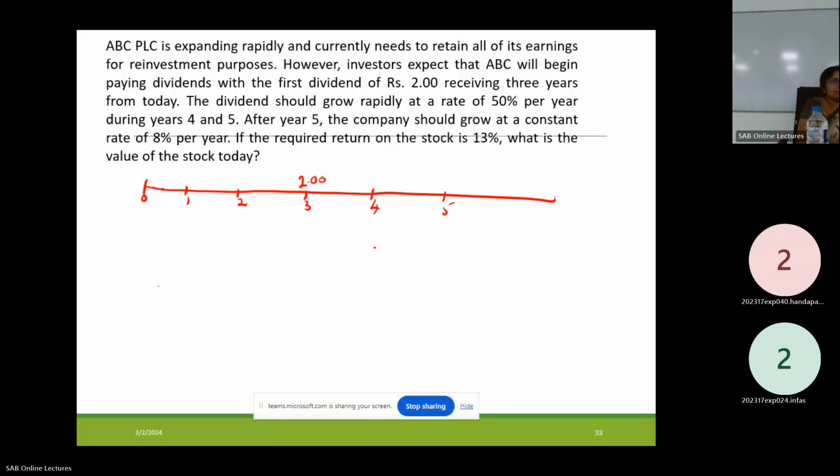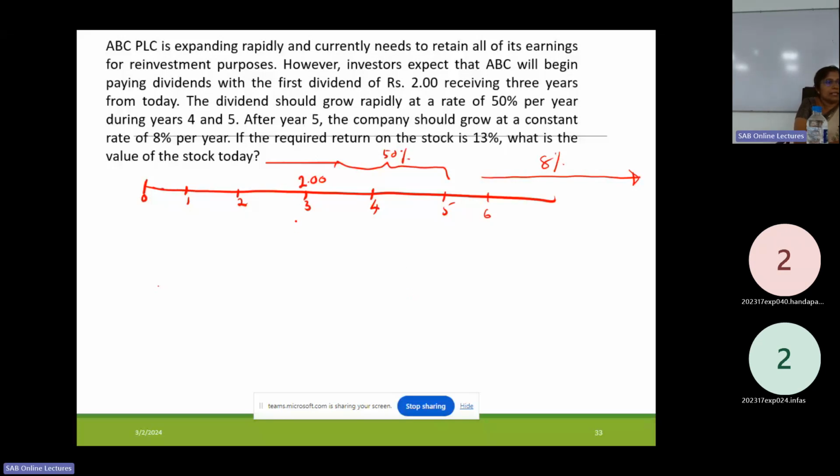After that, the dividend should grow at a rapid rate of 50% for year 4 and 5. During year 4 and 5, dividends are growing at a rapid rate of 50%. After that, the company's dividends grow at a constant rate of 8%. So after year 5, there is a constant growth in dividend for a long, indefinite period at 8%.